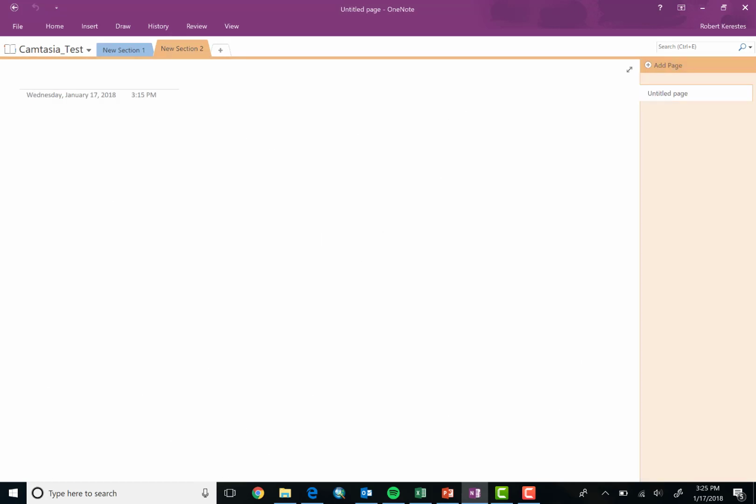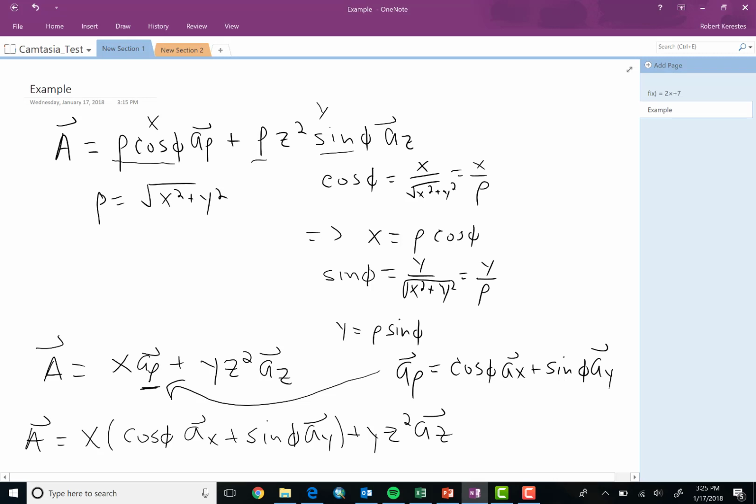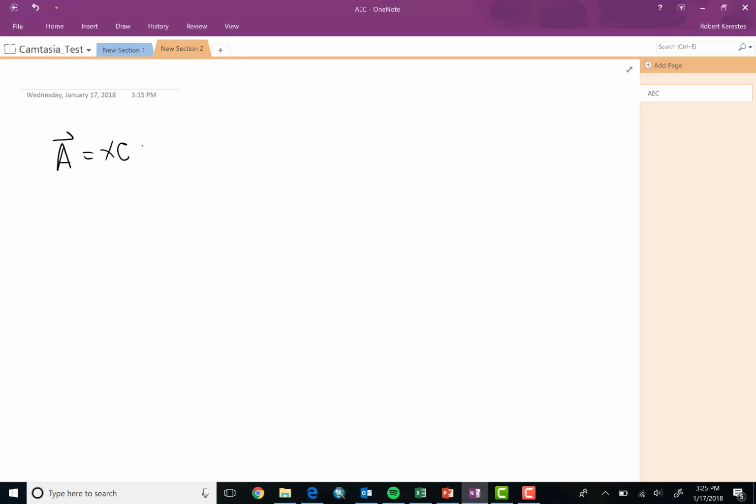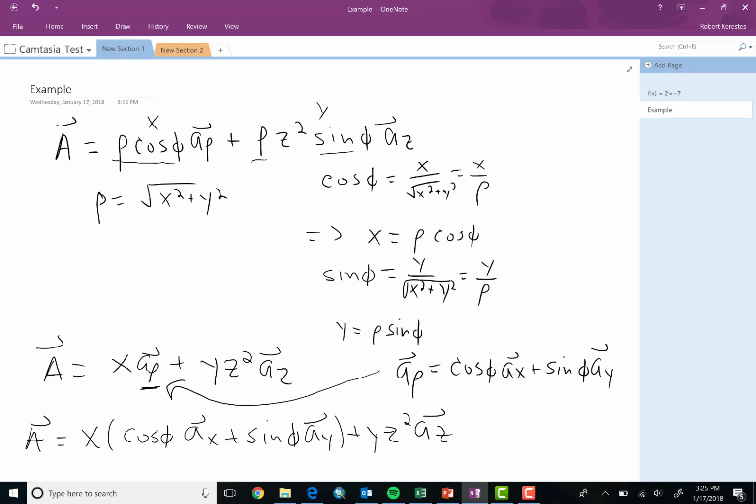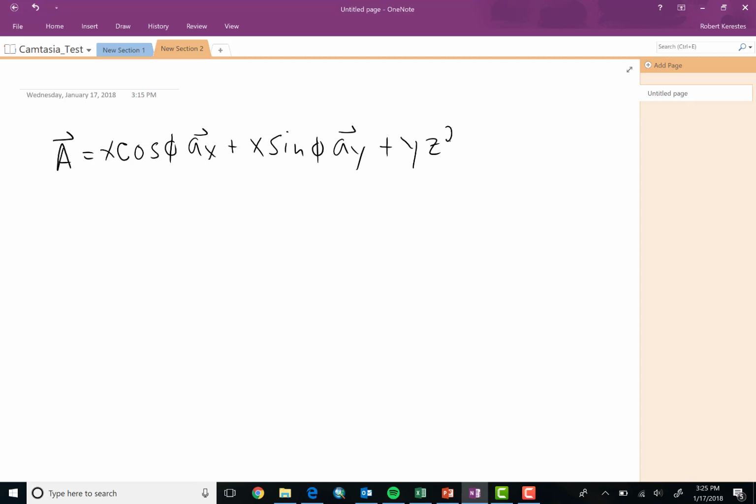Okay, and I'll take it from there, and I'll say that A is equal to x cosine of phi Ax plus x sine of phi Ay plus yz squared Az. Okay, so now we're one step closer.